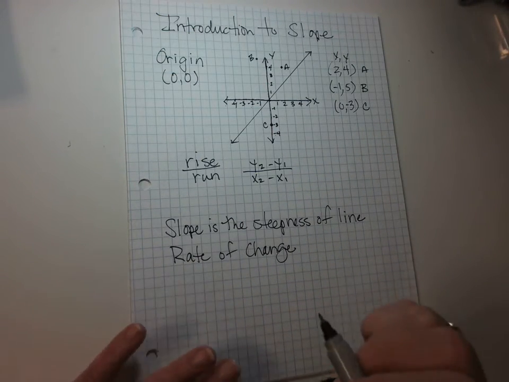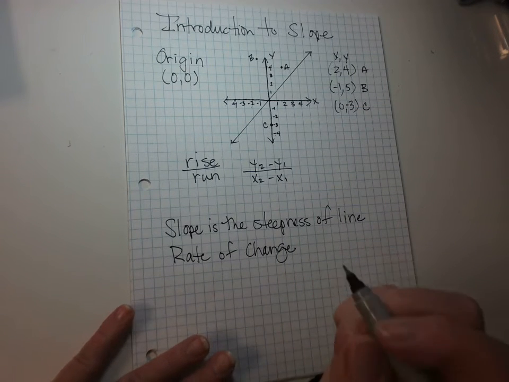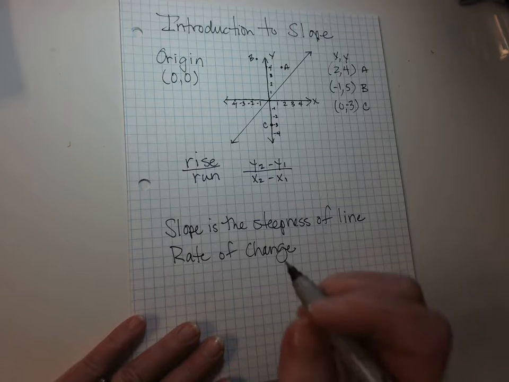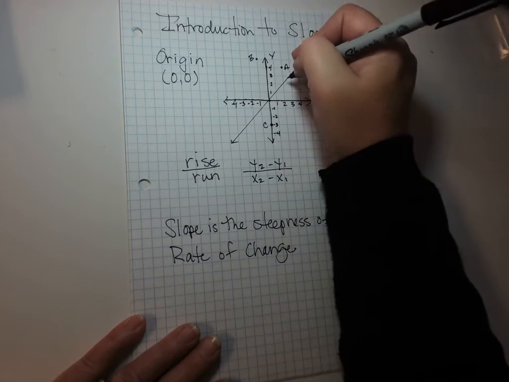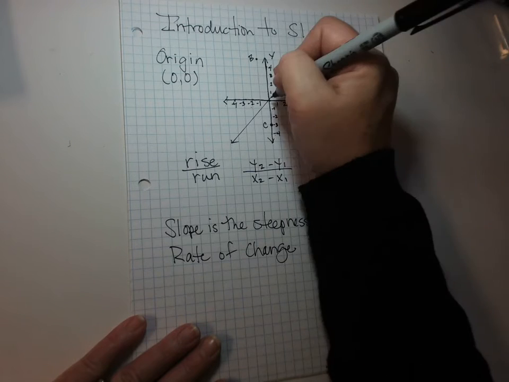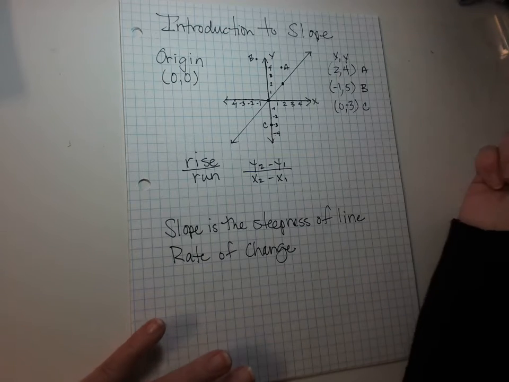In finding out what the slope is, we need to find 2 points that the line goes through. My line right here goes through this point and this point, so I'm going to use that information.